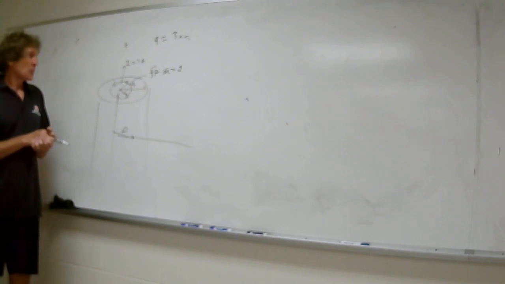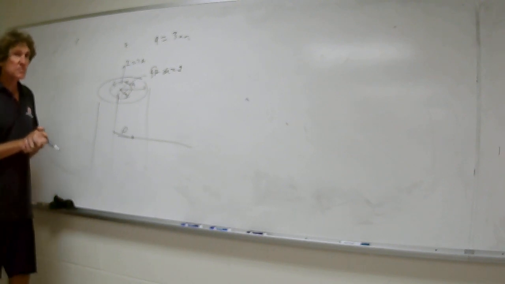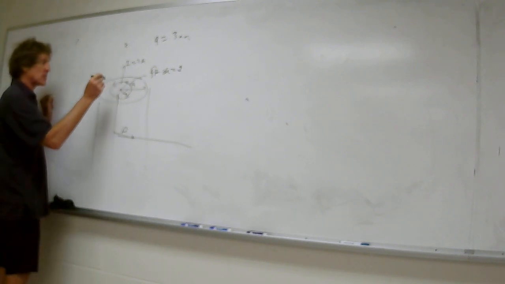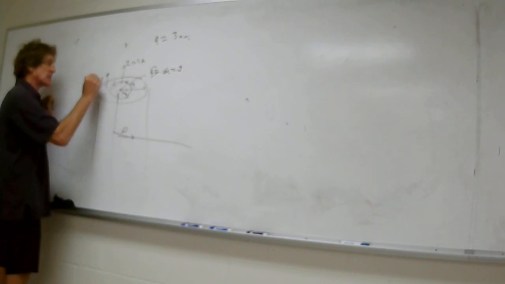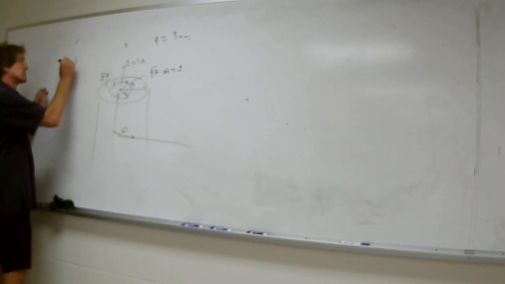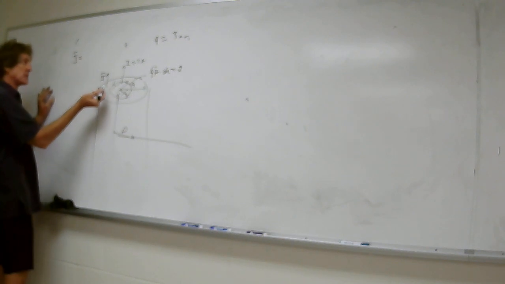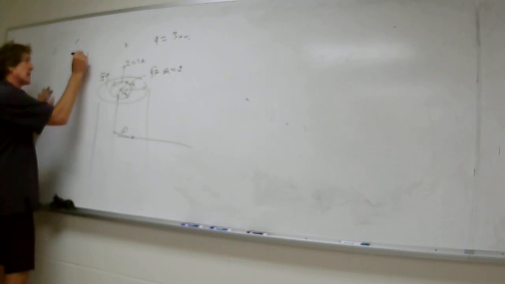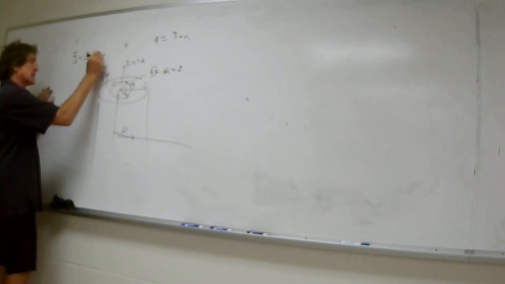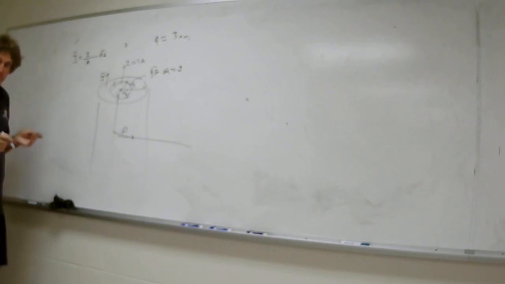Okay. So what I'm going to do is first back up a step, and instead of having a current of 2 amps, I want the current density J. And since that's uniformly distributed, I take the current I and divide by the surface area A, and it's in the a_z direction. Y'all follow me on this?